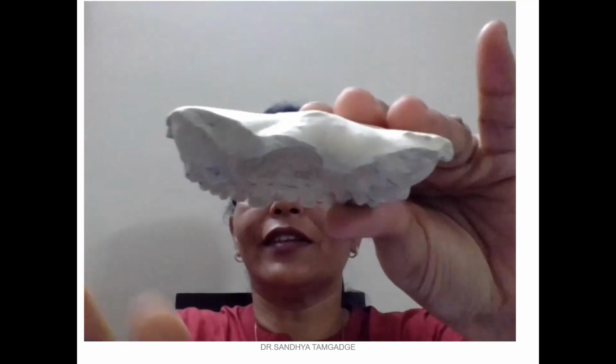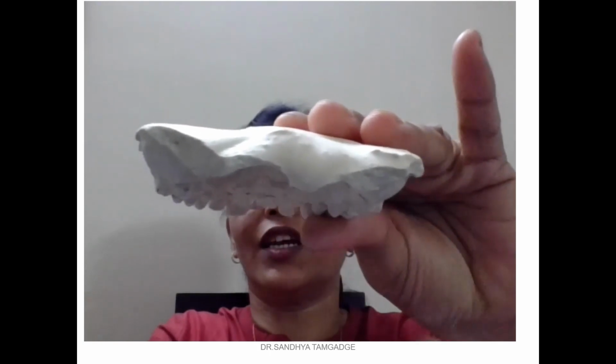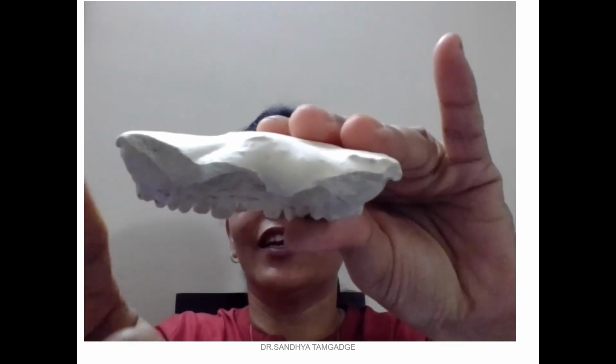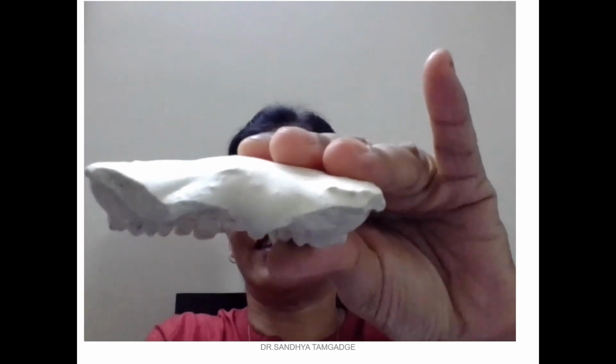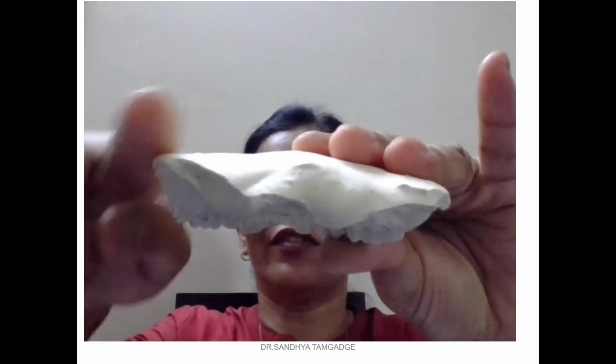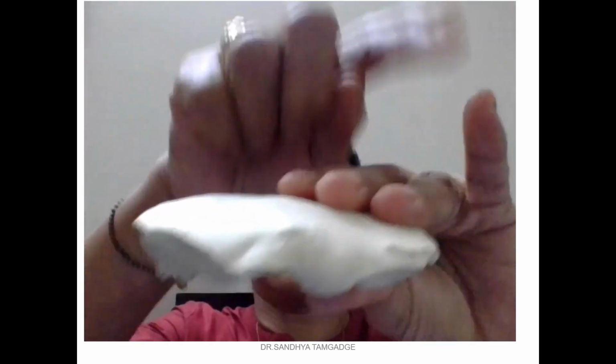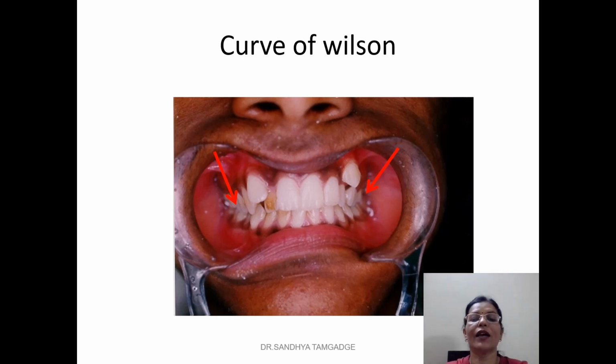If you join all 4 points, it will form an arc like this. And if you continue, it will form a circle. So this is how the mediolateral curve looks.